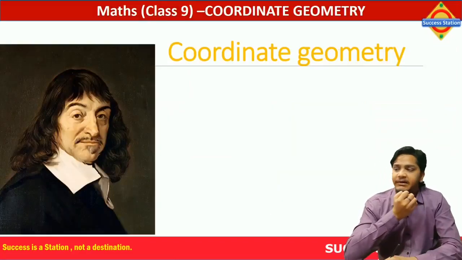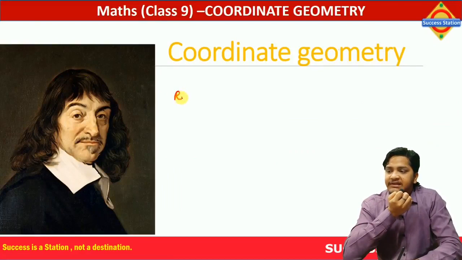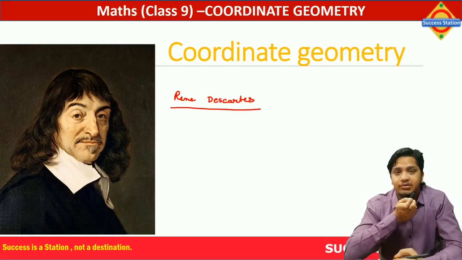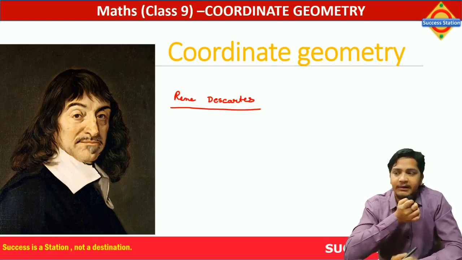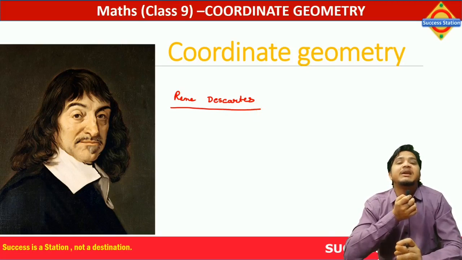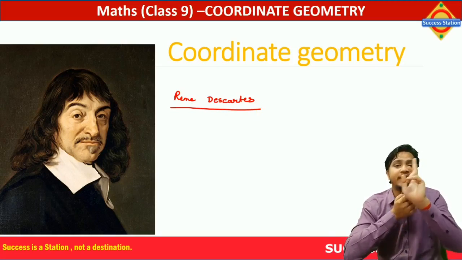So let's get started. So he is scientist Rene Descartes, mathematician rather, so what he did, he introduced coordinate geometry, right? So there is a very interesting story behind it. He was ill, he was staying at home, he was lying on his bed, and there was an insect above on the roof. He was just lying like this, and his eyes were upward.